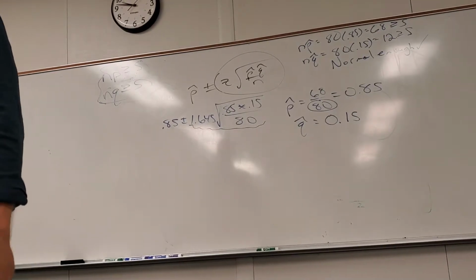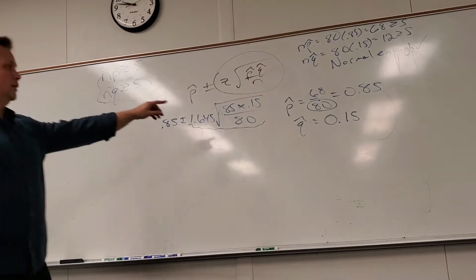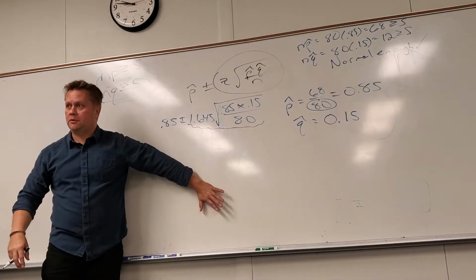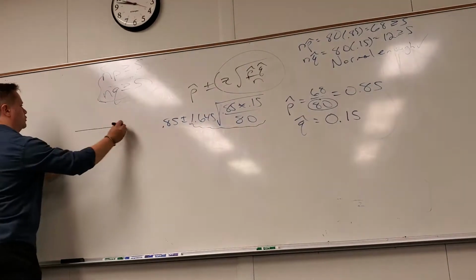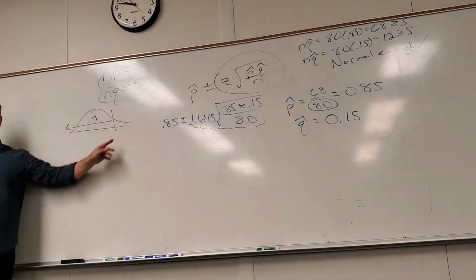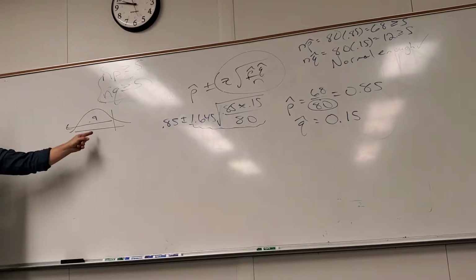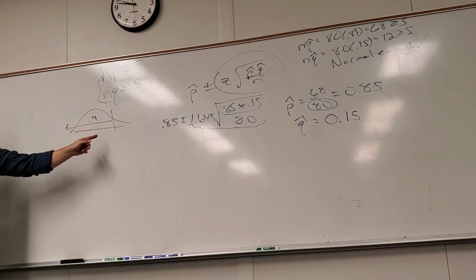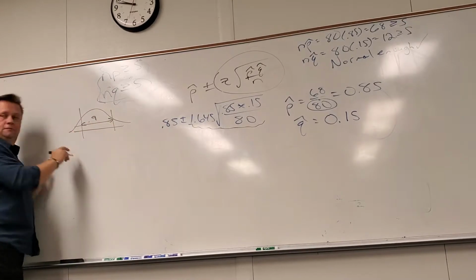Right now we're looking at the z-score for just 90%. I took it away, but it was a 90% that I wanted, right? Now watch, careful. If you look up 0.9, you're going to get a z-score that has 90% below it. That is not the 90% confidence interval. A 90% confidence interval has 90% in it.